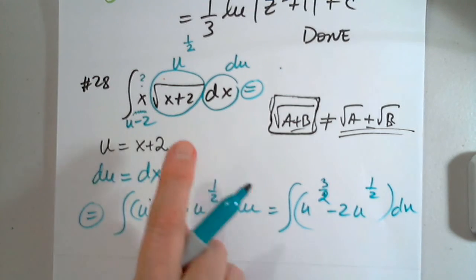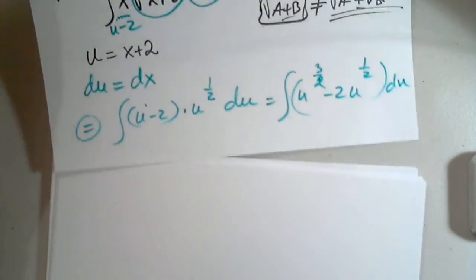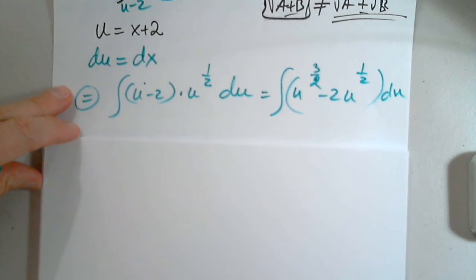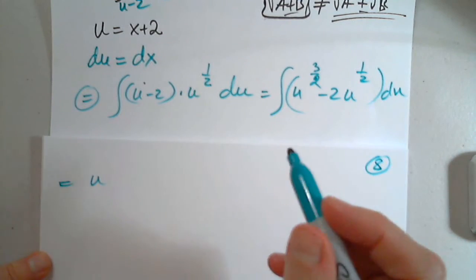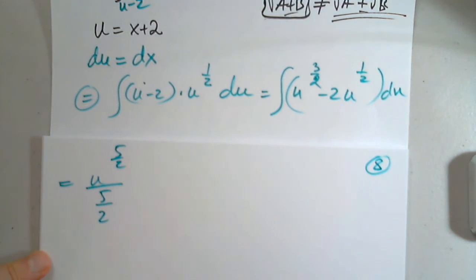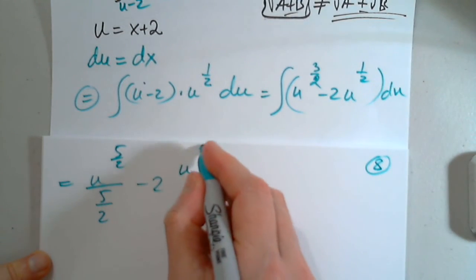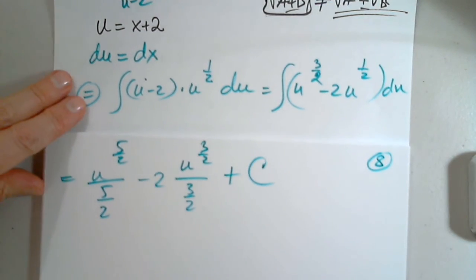This is a piece of cake. That was difficult. How do I do that? I have no idea. Here, easy. So u to 3/2 plus 1 over 3/2 plus 1, minus 2 u to 1/2 plus 1 over 3/2, plus a constant c.